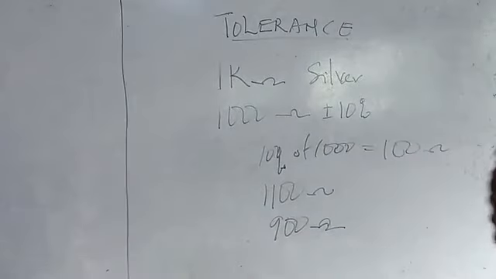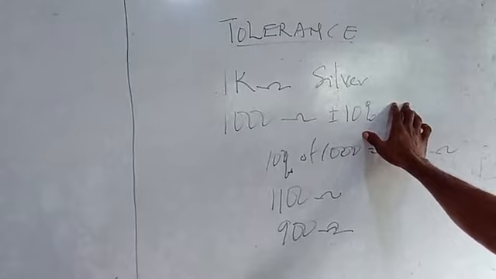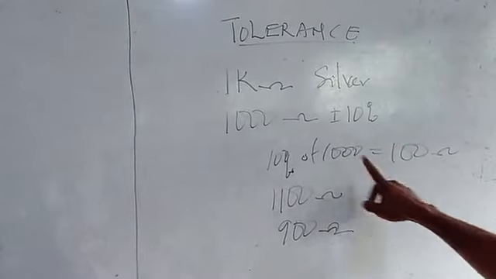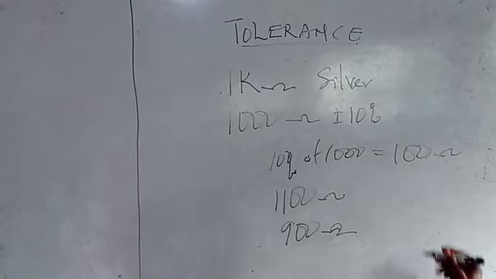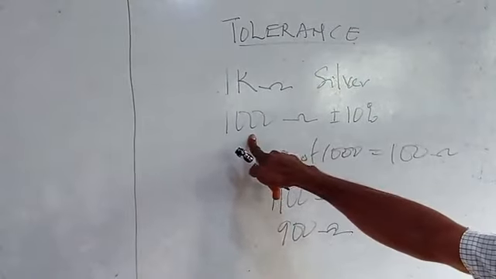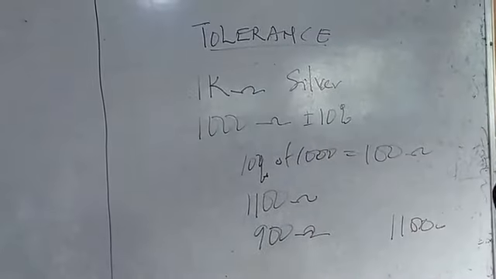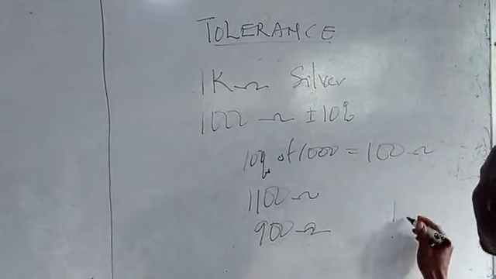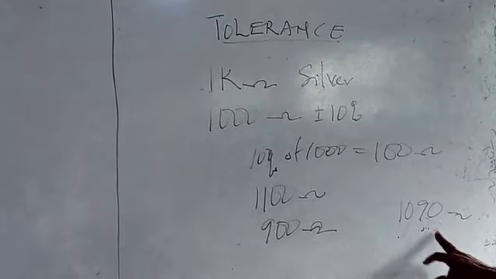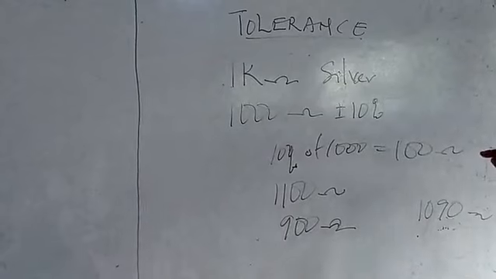It means that when you have a 1000 ohm resistor with this tolerance, silver, which is 10%, and 10% is 100, if we need a resistor of 1100 ohms, we can use this 1k ohm resistor for it because of the tolerance. Even if we need 1090 ohms for our circuit, we can use the 1000 ohm resistor for it, because of the tolerance. It can go up to that.